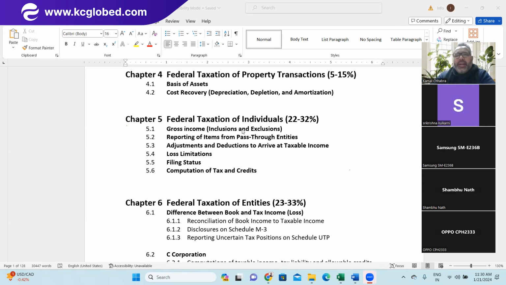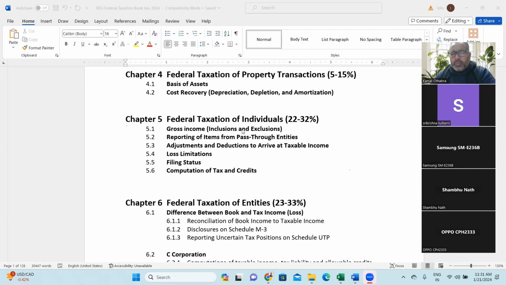How you derive the value comes under the basis of asset. So basis of asset includes your purchase cost, your installation cost, and any improvement cost you have made, minus the depreciation, depletion or amortization you have taken. Cost recovery is a different terminology used in the US for depreciation, depletion and amortization.